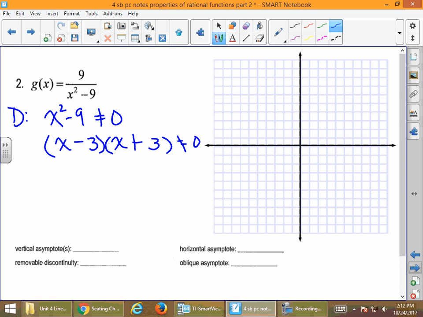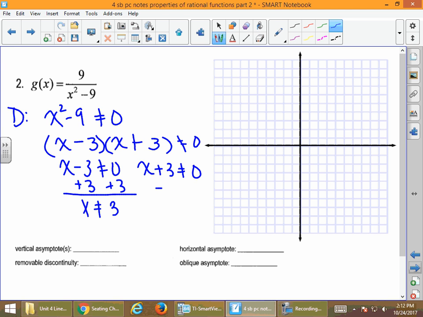And then for our domain, we can take x minus 3 and set it not equal to 0, and x plus 3 and set it not equal to 0. And when we add 3 to both sides, we get x doesn't equal 3. And we subtract 3 from both sides, and we get x doesn't equal negative 3. That's the domain.